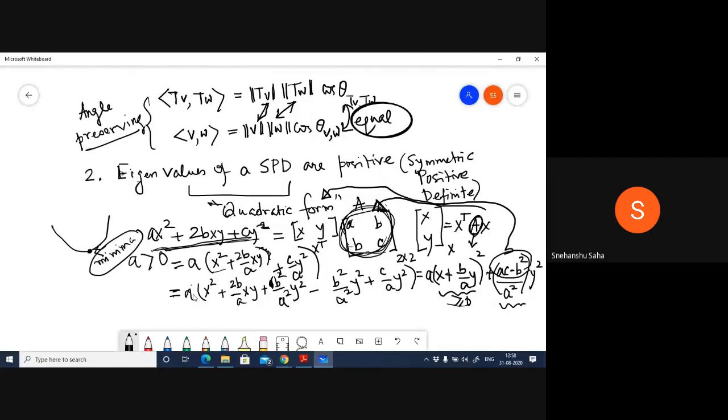So what does positive definiteness of a matrix imply? It implies that its corresponding eigenvalues are also positive. Let me write that down. A symmetric positive definite matrix implies that your x transpose Ax has to be greater than 0.